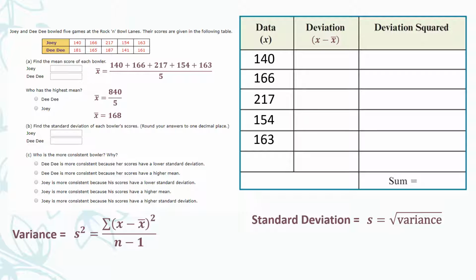Now I can plug 168 into my little deviation formula in my table. My first deviation is going to be 140 minus 168, so that's the data value minus the mean, and it's very important that you do it in that order. Data value minus the mean, which is negative 28.